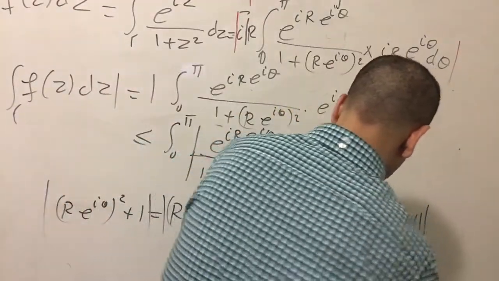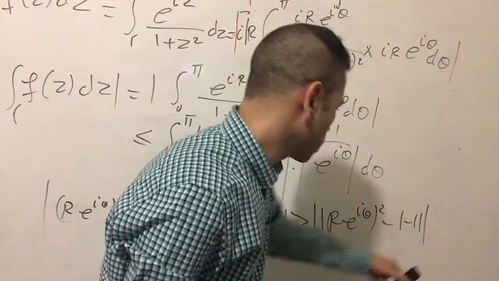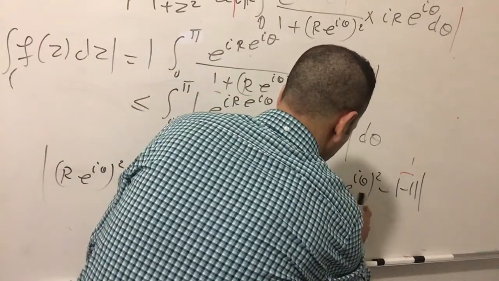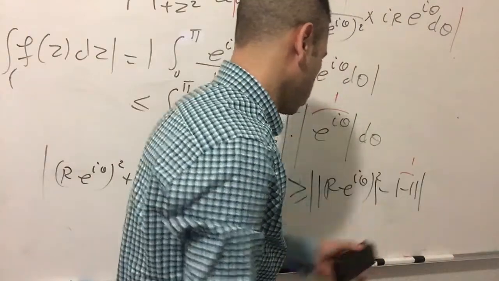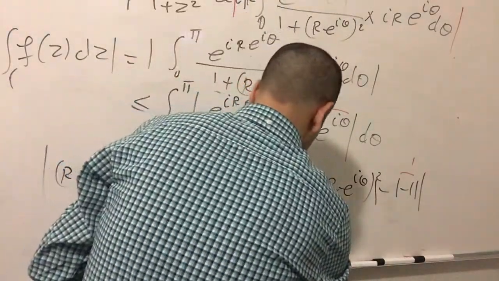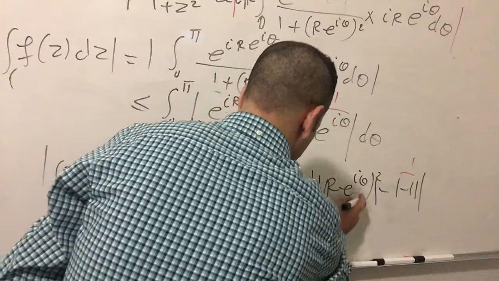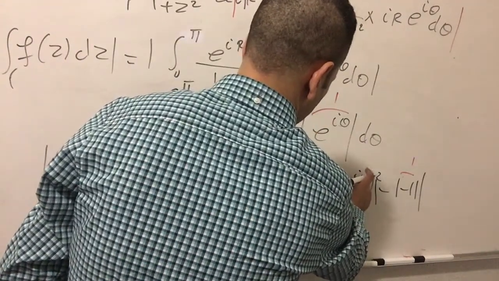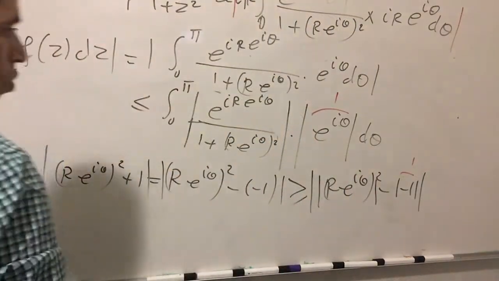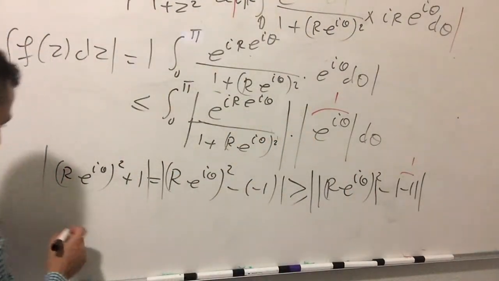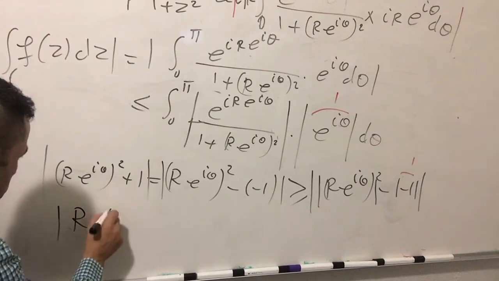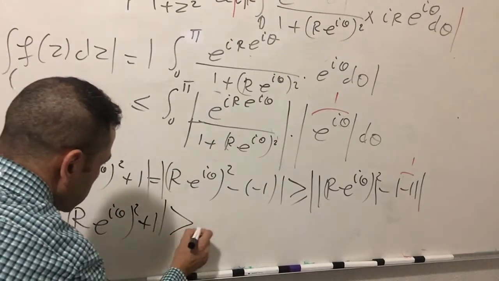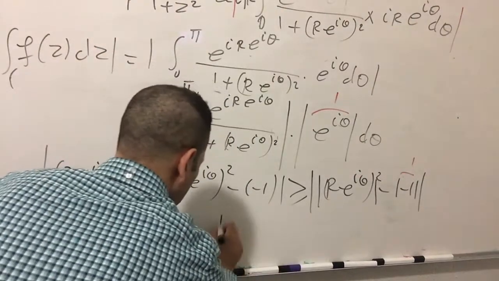As you see here, the absolute value of minus 1 equals 1, and also this term will be cancelled out because the modulus of e to the i theta equals 1. So I will have r e to the i theta quantity squared plus 1 superior or equal to r squared.